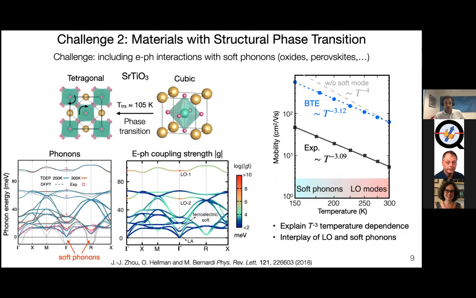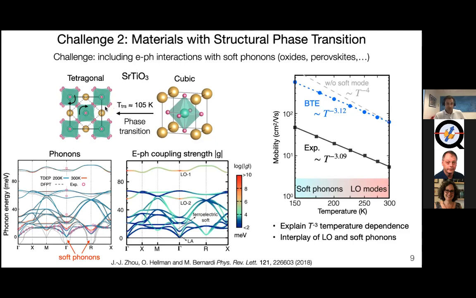Besides being polar, they also have structural phase transitions. For example, for the prototypical case of strontium titanate, this material is a cubic perovskite above 100 Kelvin, and it distorts to a tetragonal structure below this temperature.